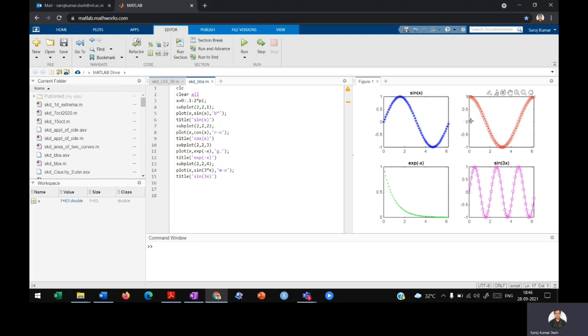This is sin x, which came as star type. This is O type. This is dotted type, and this is magenta color O type. So I hope you understand. Suppose if you remove this one, then what happened? Nothing happened because we used a subplot command.